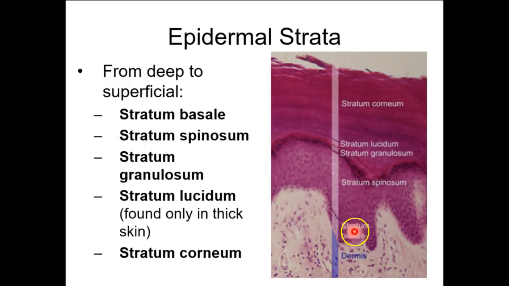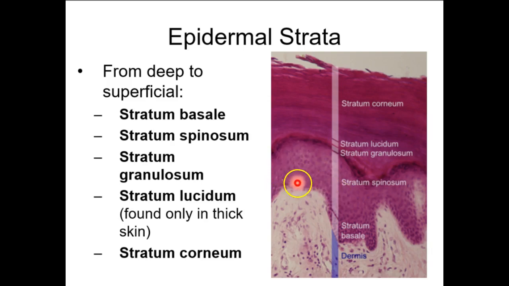Now again, the epidermis, vascular or avascular? Avascular. So as we get further away from that basement membrane, we get further away from our source of nutrition. And again, remember, source of nutrition, gases, nutrients, etc., wastes.